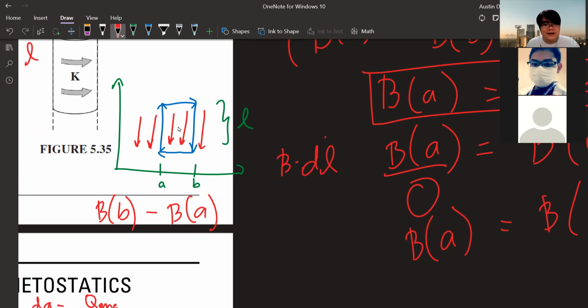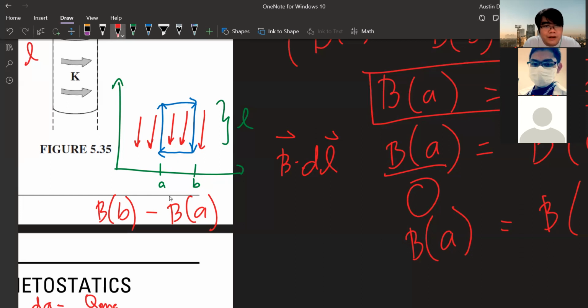So kapag sabay sila, sabay yung loop at direction ng magnetic field mo, positive dapat. So yung direction ng magnetic field ko at B is downward, then the loop here at B is also downward, so therefore it is positive.